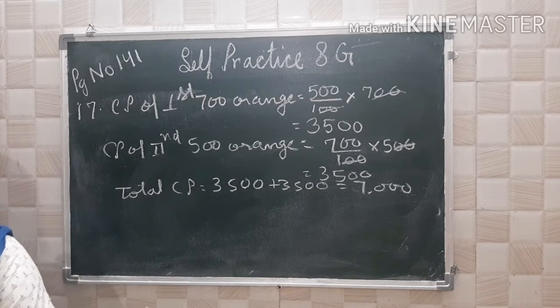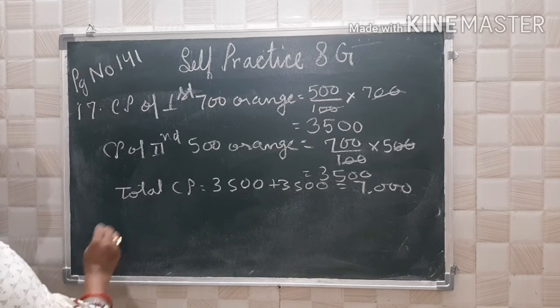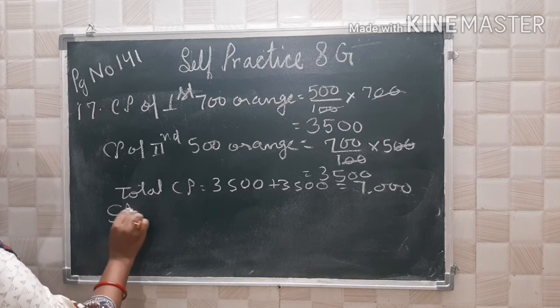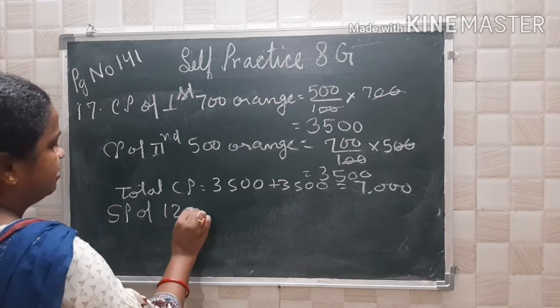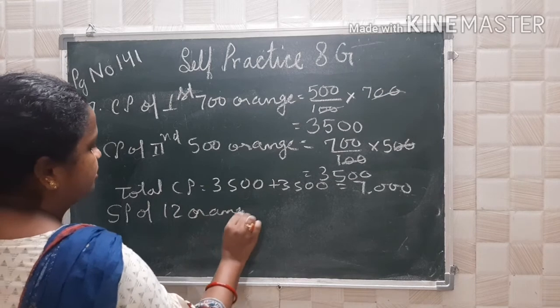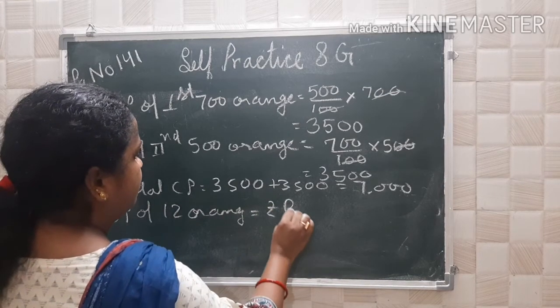Now they are sold at 84 per dozen. SP of 12 oranges is equal to rupees 84.